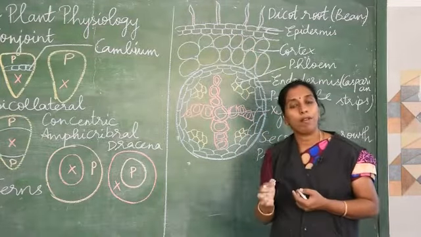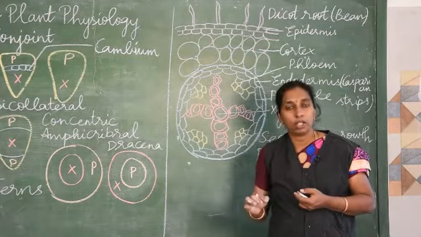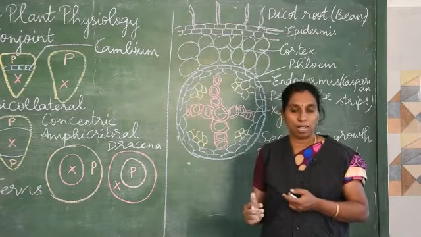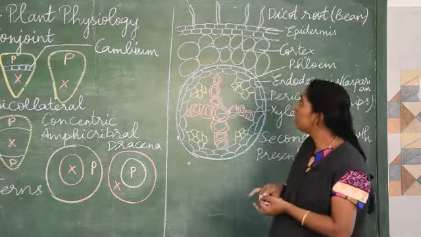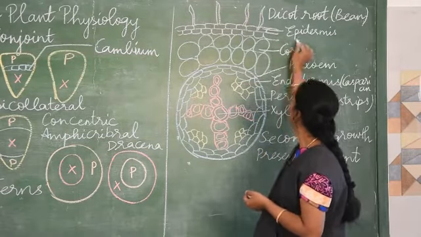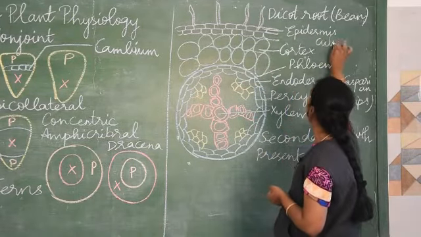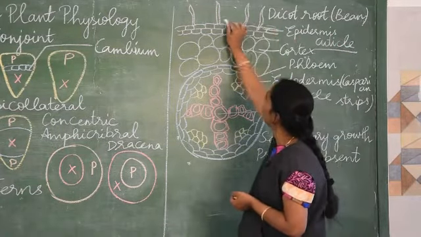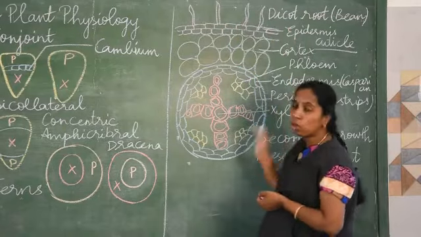Stomata, we have already learnt in lower classes what the function of stomata is. It helps in the exchange of gases in plants. A substance called cuticle will be present in the epidermis. So a layer will be present in the epidermis, that is the cuticle.